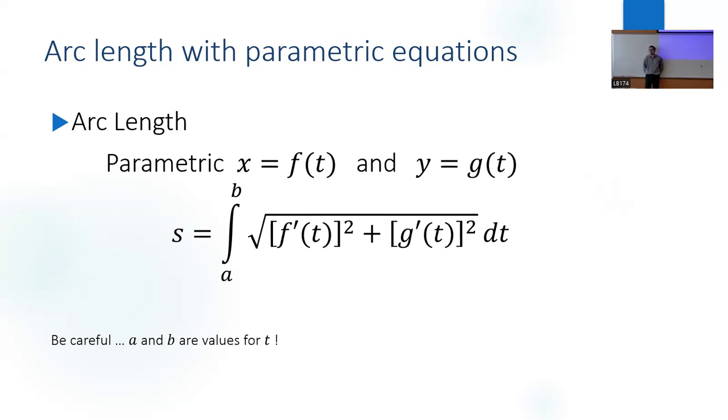So if we have a set of parametric equations, arc length can be found this way, integrating from a to b, f prime squared plus g prime squared, all underneath the square root. Now be careful here. Since this is all integrated with respect to t, a and b are both values for t, not x values.